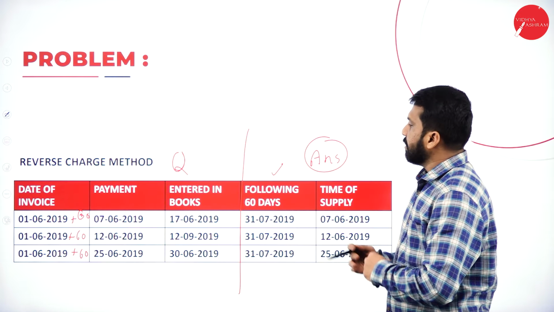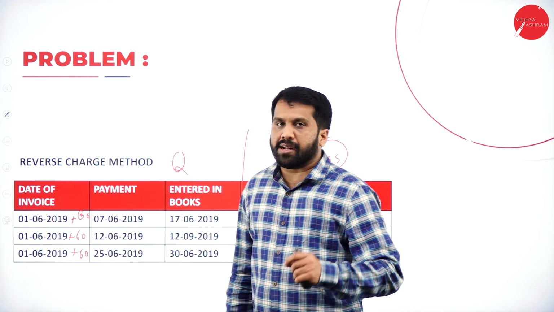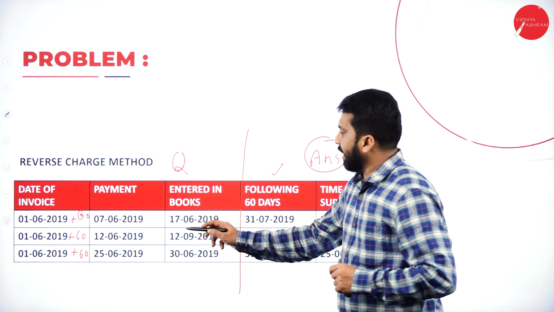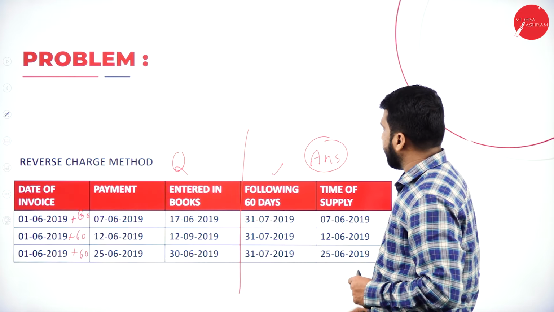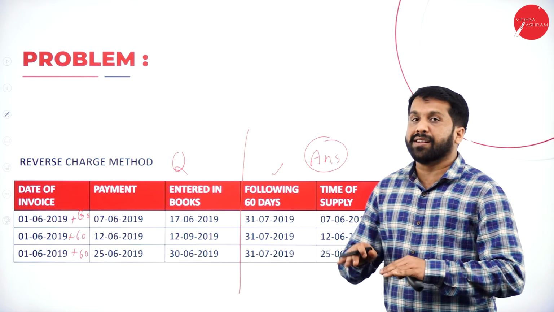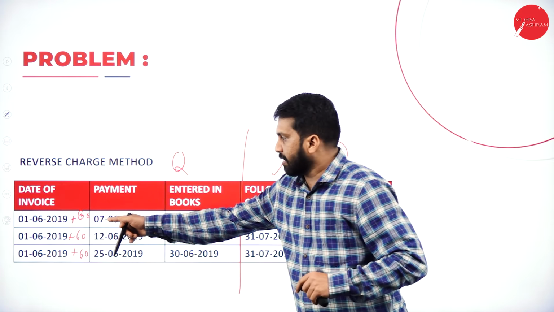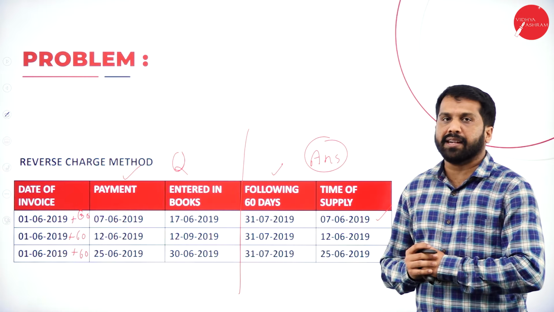After adding 60 days, you have to check when your payment is made, 7/6. When entered in the books, 17/6. The following 60 days, 31/7. Out of these three, whichever is earlier. 7/6 is earlier. So it will be 7/6/2019.